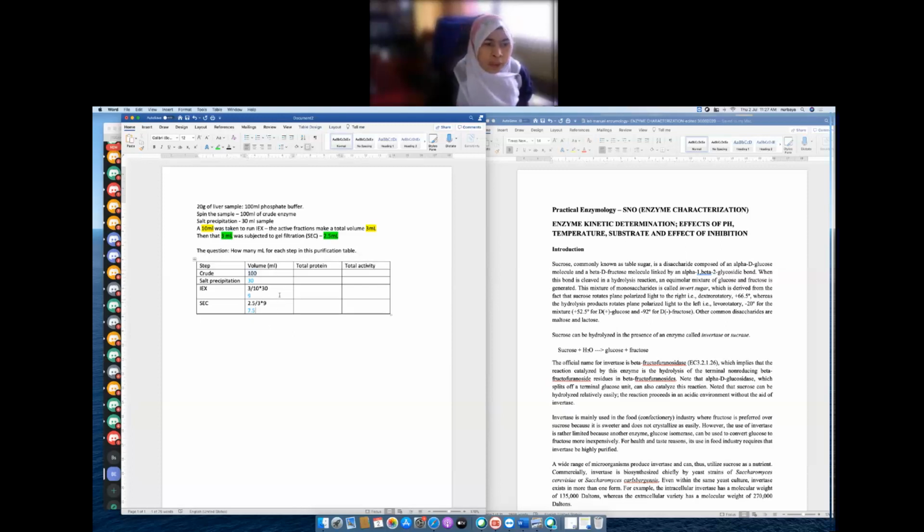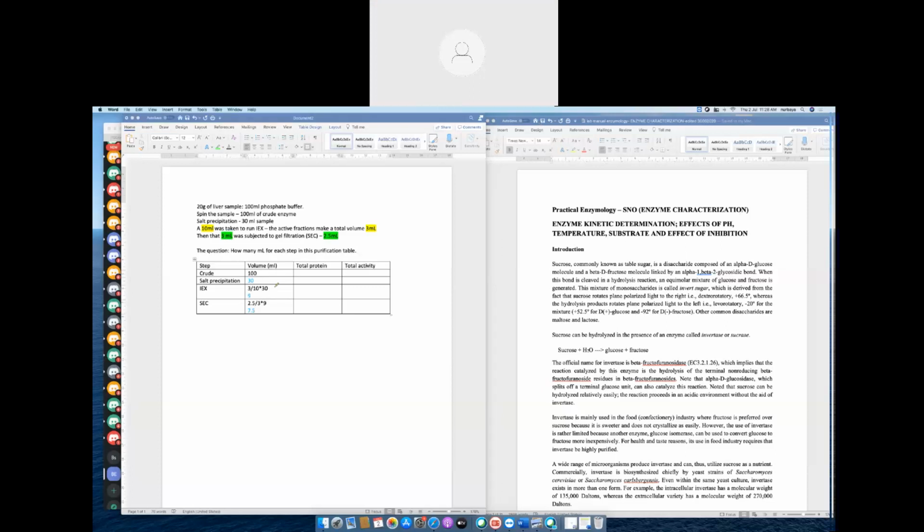If you put 3 mil as the answer for IEX here, this will be wrong. If you put 2.5 mil as the answer for size exclusion chromatography, this is also wrong.